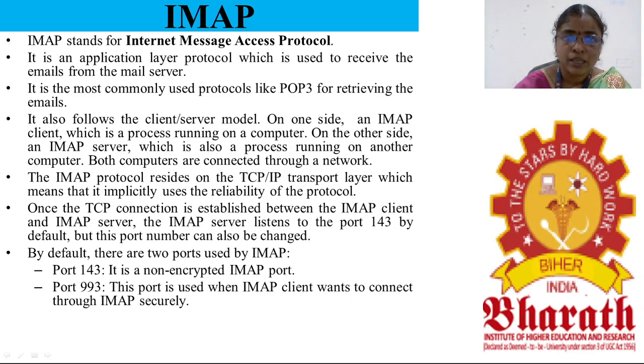So in IMAP also we follow the client-server model. On one side we have the IMAP client, and on the other side we have the IMAP server. Both processes run on separate computers, and both computers are connected with the help of the network. The IMAP protocol resides on the TCP/IP transport layer, which means it implicitly uses the reliability of the protocol.